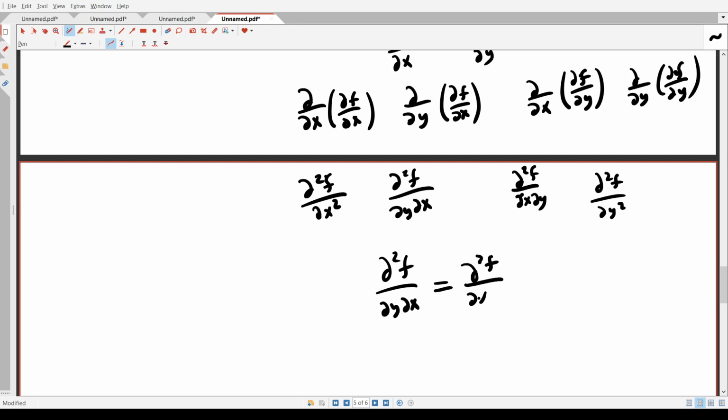It doesn't matter which order I do the derivatives in. So as far as the actual difference, it doesn't matter which way you compute them, they're going to be the same thing. But as far as what they represent, that's what they represent: the y derivative of the x derivative and the x derivative of the y derivative.